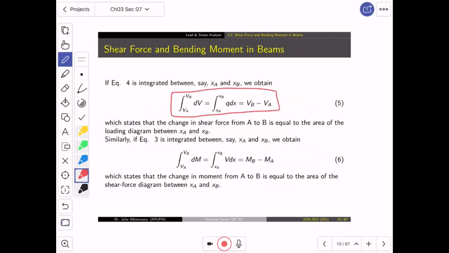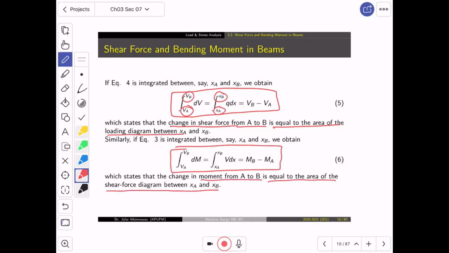This relation tells you that the change in the shear force from A to B is equal to the area of the loading diagram between A and B. Similarly, the change in the bending moment from A to B equals the area of the shear force diagram between A and B. That's it.